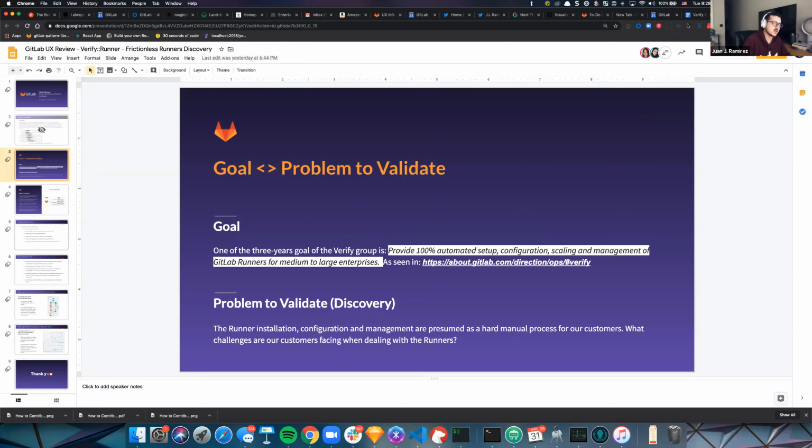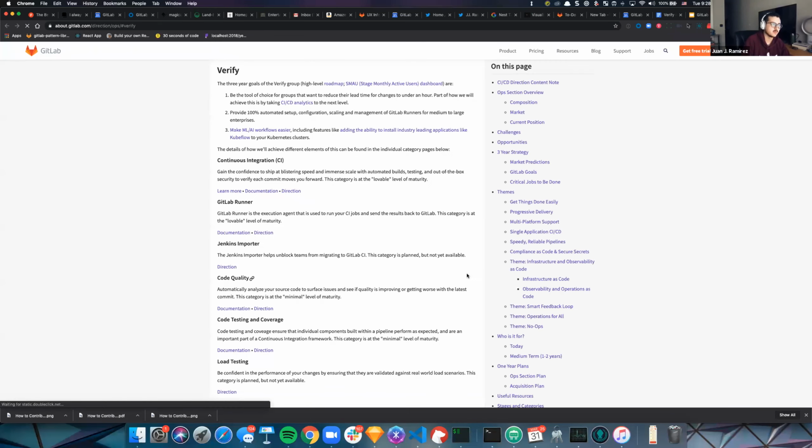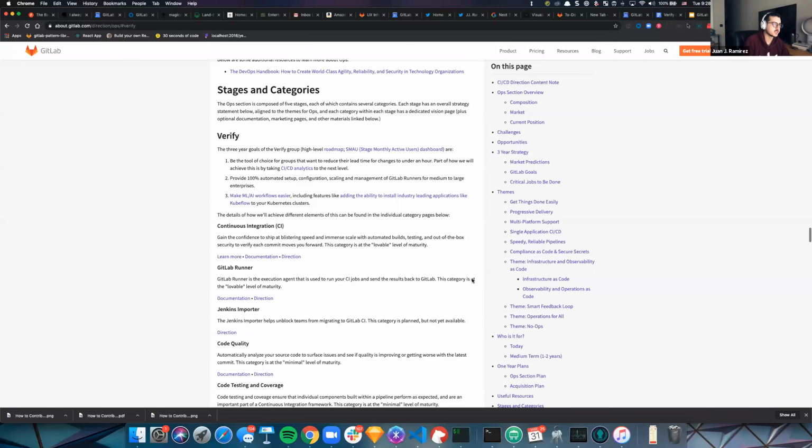I'm curious about something. If you go to the direction page, we have these 3-year goals of the verified group, right? Be a tool of choice for groups that want to reduce their lead time for changes to under an hour.